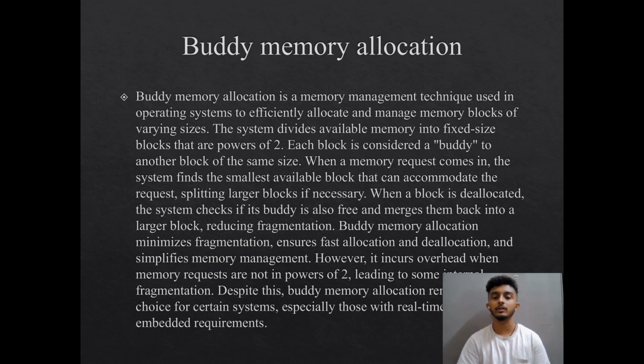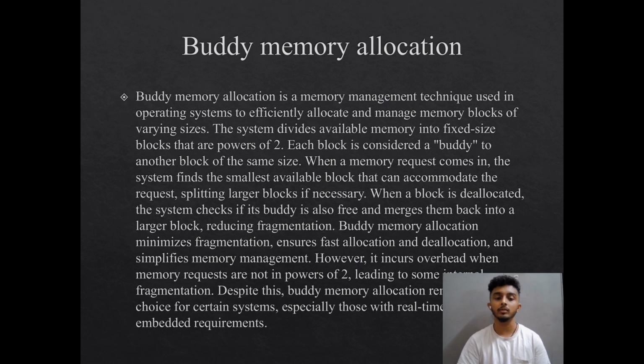When a memory request comes in, the system finds the smallest available block that can accommodate the request, splitting larger blocks if necessary. When a block is deallocated, the system checks if its buddy is also free and merges them into a larger block, reducing fragmentation.